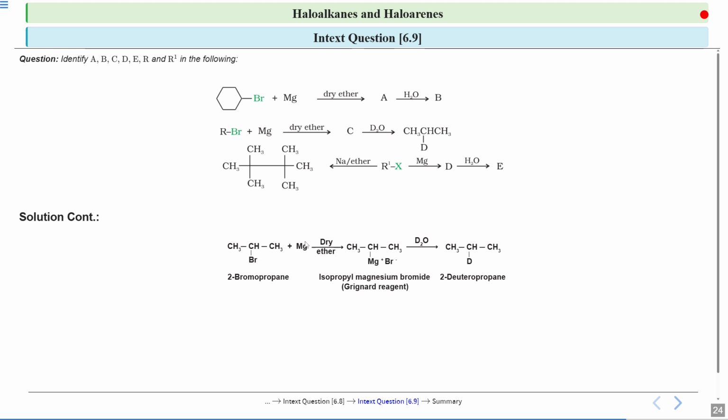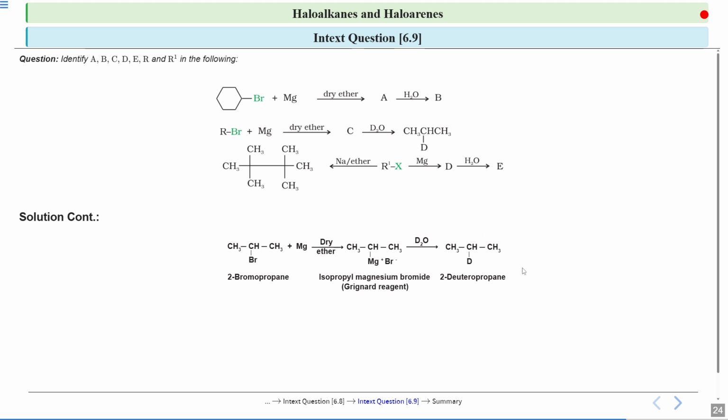The bromine is replaced by Mg positive and Br negative. And when this reacts with D2O, you will get an alkane. The magnesium positive and bromine negative will be replaced by D, that is deuterium here. So you will get CH3, CHD, CH3.